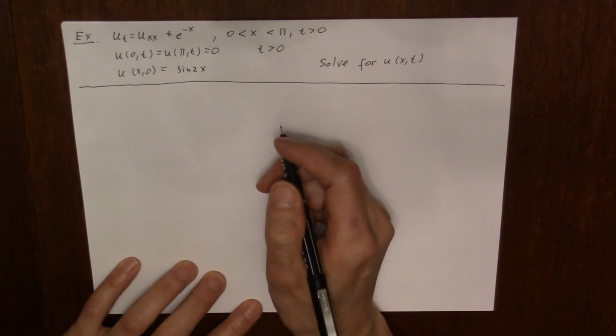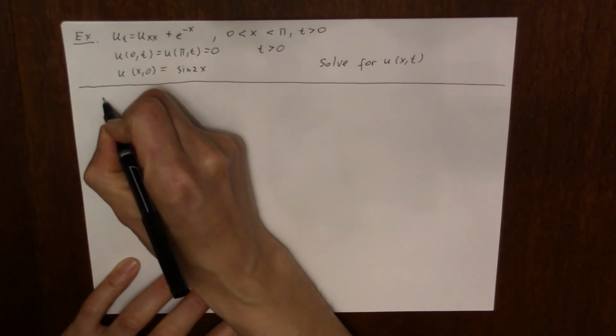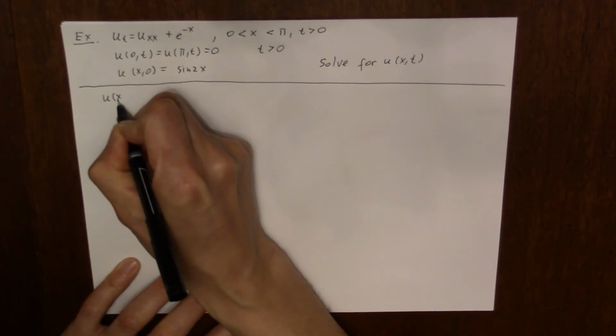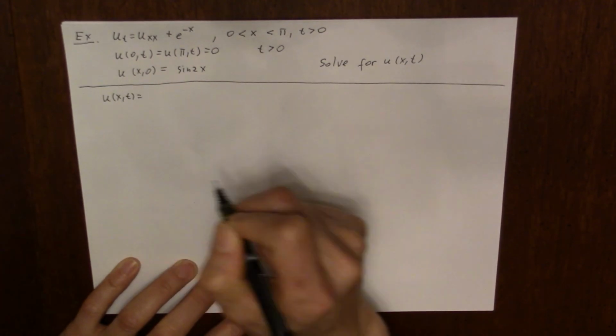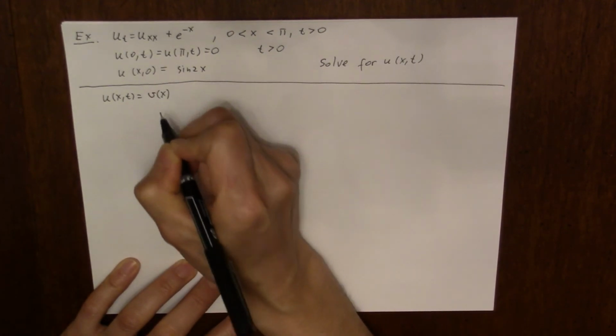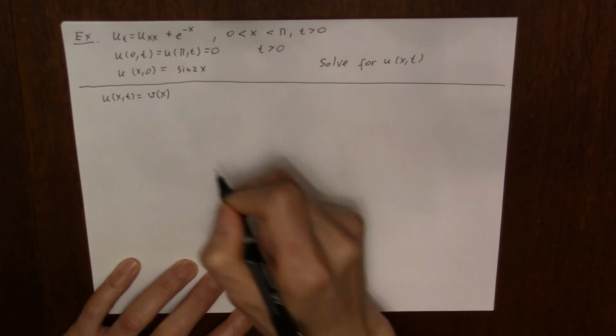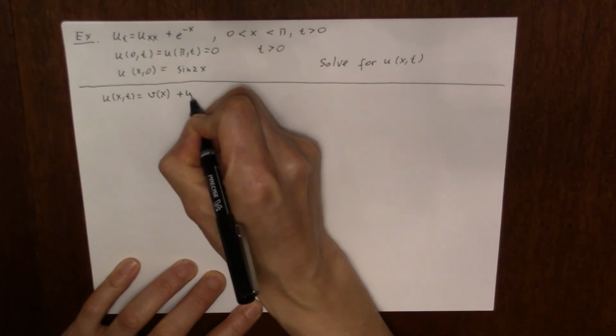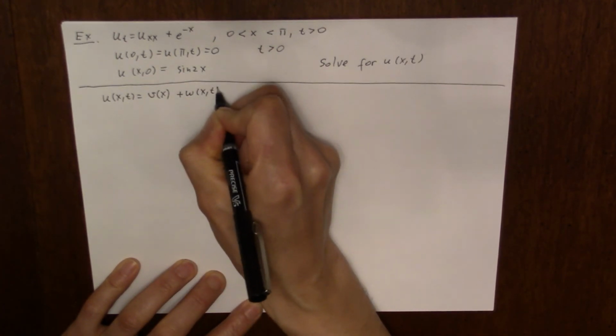The way we're going to solve it is we're going to write u as a sum of two functions, v of x, which is the steady state solution, plus w of x, t.